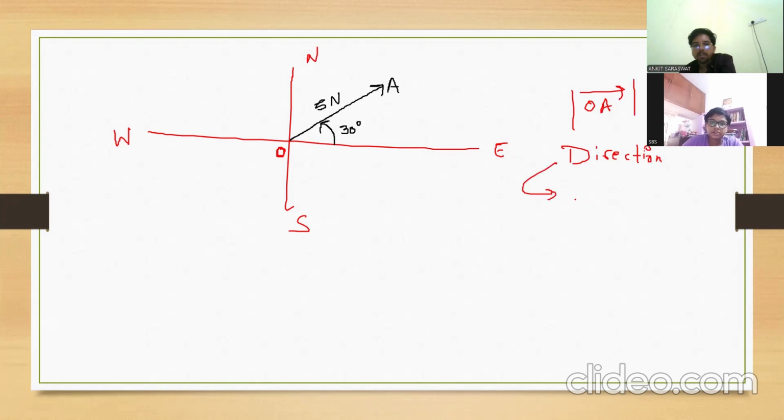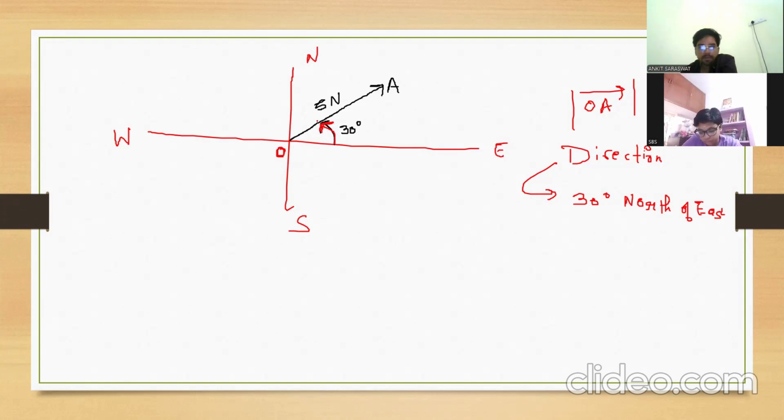Northeast direction. 30 degree north of east. You can check. From east, it is 30 degree. North of east means from east, it is 30 degree.